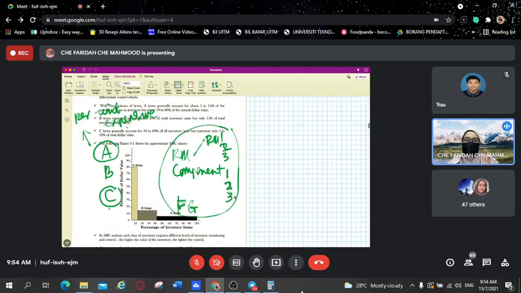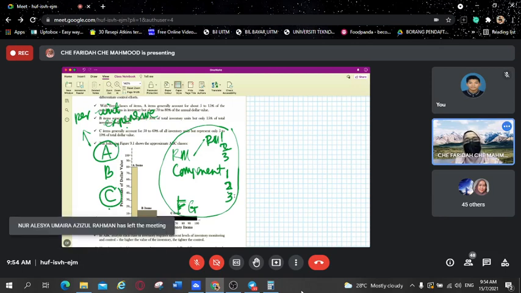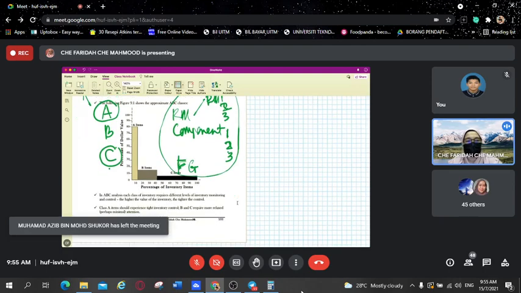Because when it comes to inventory, if you miss out one point, you will be lacking, ataupun kita termiss benda tu. It is a part of inventory management. You are supposed to be able to know that part. If you miss that, it's not complete. So that's why I still lecture my diploma students on this.